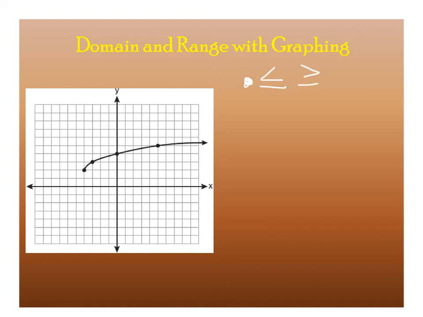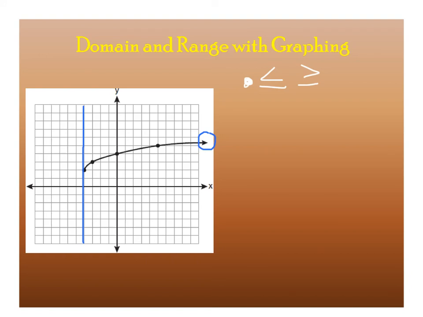So if we look at our x-axis and find our lowest extreme and our highest extreme on the x-axis, what does this arrow indicate? That arrow indicates that it's going on and on and on forever. So do we know where it ends? No, we do not. Do we know the lowest extreme? Yes, we do.